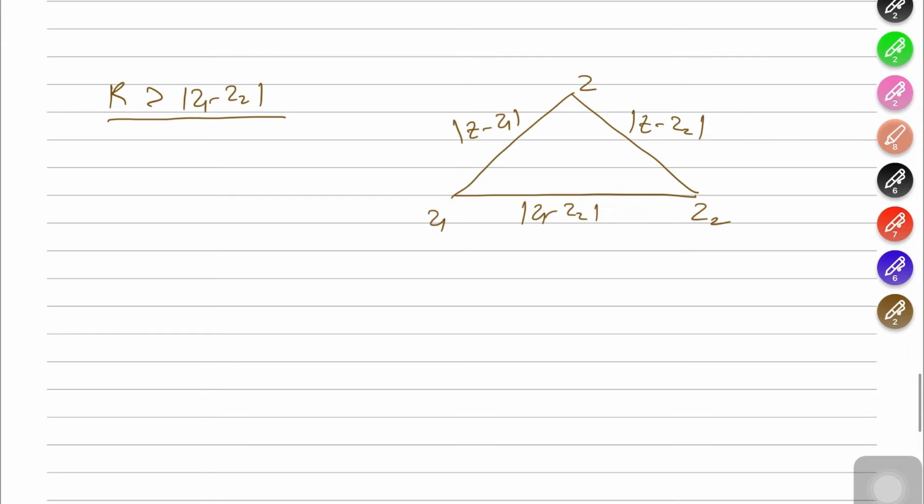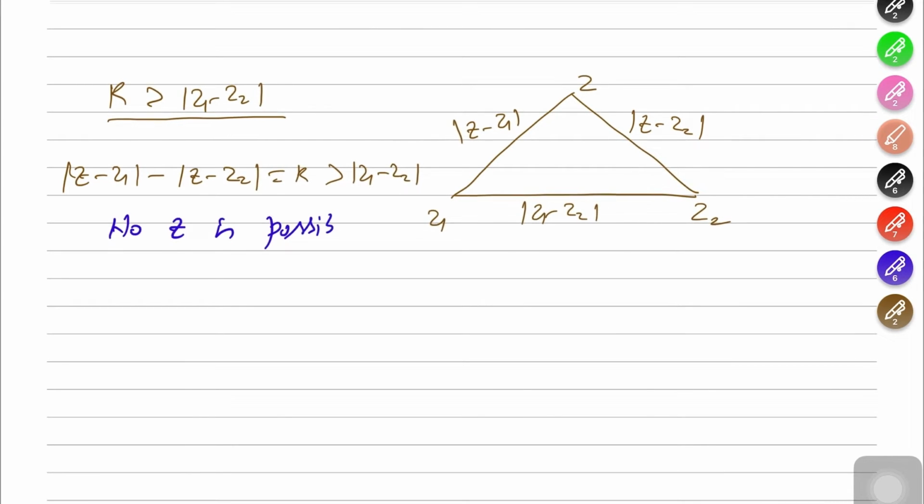In this case, mod of Z minus Z1 minus mod of Z minus Z2 is equal to K, which is greater than mod of Z1 minus Z2. What does it mean? It means that the difference of two sides is greater than the third side, which is clearly not possible for a triangle. So no locus, no Z is possible.